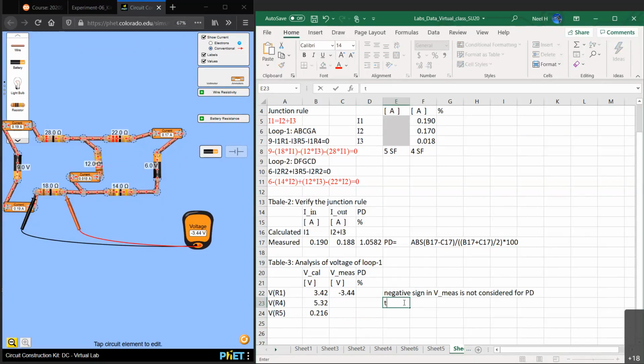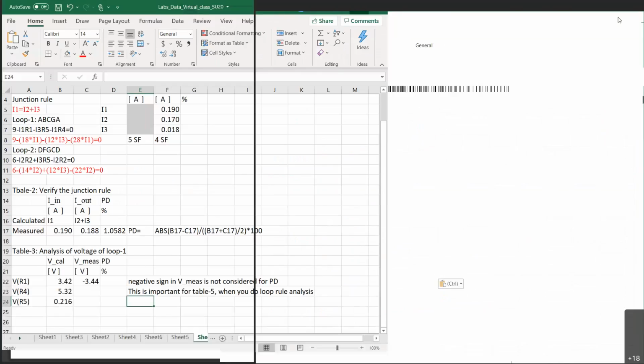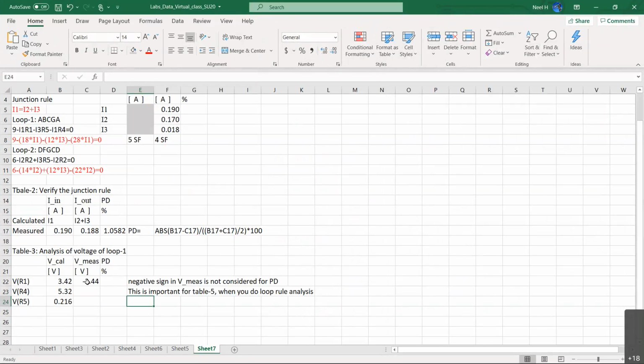This is important for table number 5. When you do table number 5, loop rule analysis, that sign is important. Otherwise, right here, what we are comparing is just the numbers, okay? That negative sign is not important at all.